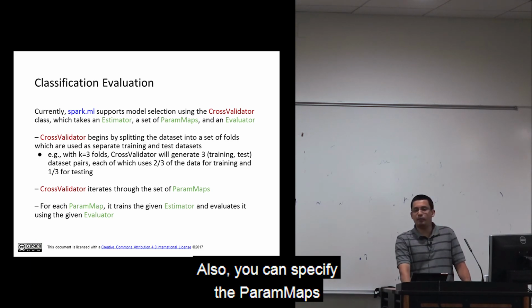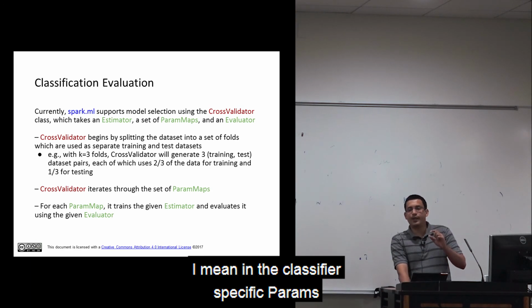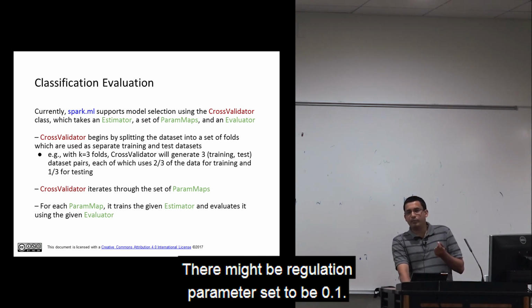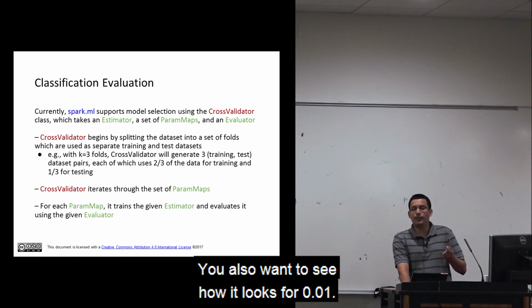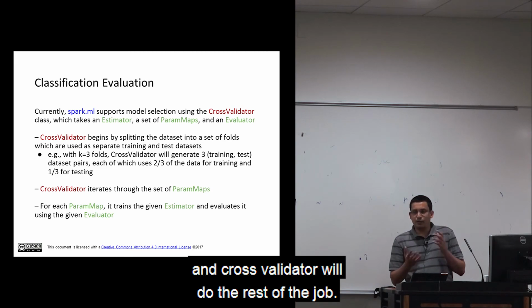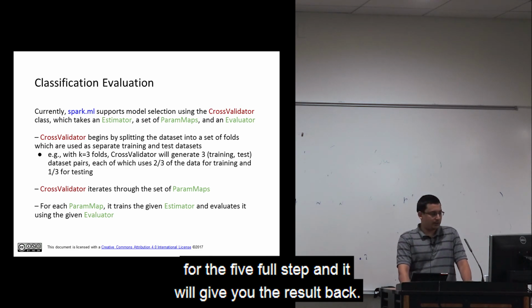Also, you can specify the param maps, where you specify the classifier specific parameters, like how we want to do the regularization. There might be a regularization parameter set to 0.1. You also want to see how it looks for 0.01. You can put them all together in param maps, and the cross validator will do the rest of the job. It will run through each of the parameter values for the 5 folds and give you the result back.